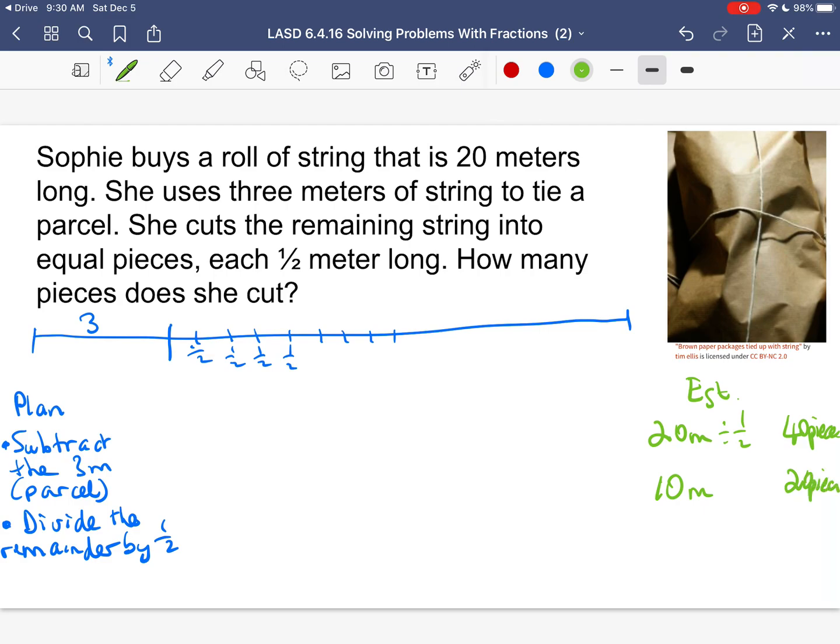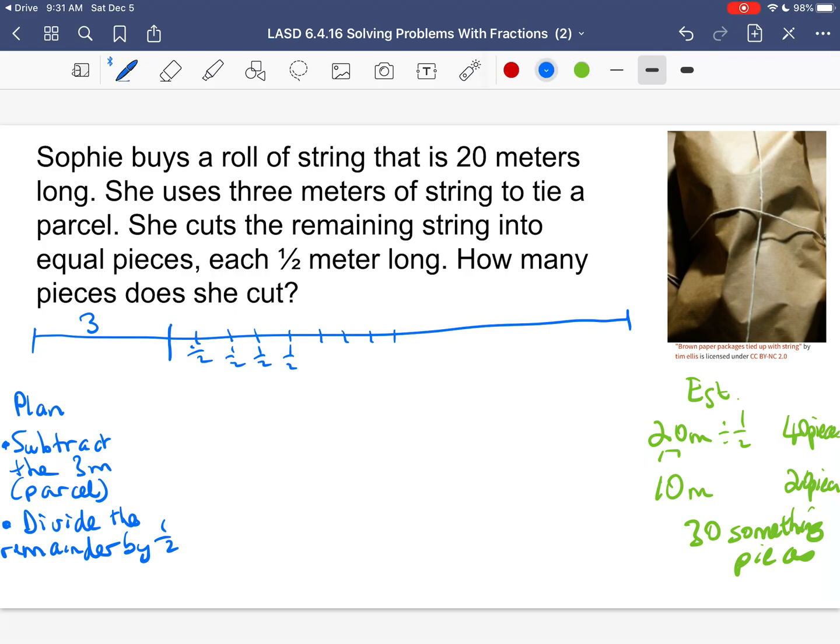So it's going to be somewhere between 20 and 40 pieces, and 17 is closer to 20 than it is to 10 to be in here. So I would say 30 something pieces. If I get a really high number or a really low number, I know it's incorrect. If I get somewhere in the 30s, it makes me comfortable that my answer is good.